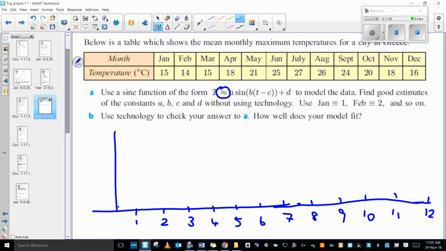Do you want to just watch it and then you can do it? Alright, so here's my 1 to 12. My data's going up here. 26. Where's 27? 2, 4, 6, 8, 10, 12, 14, 16, 18, 20, 22.